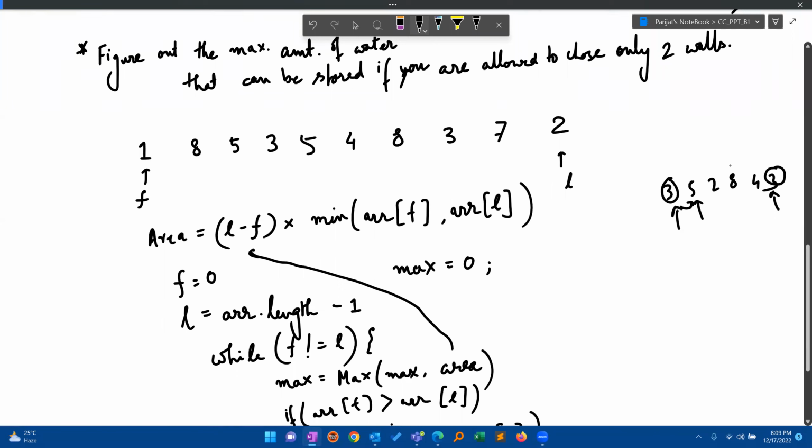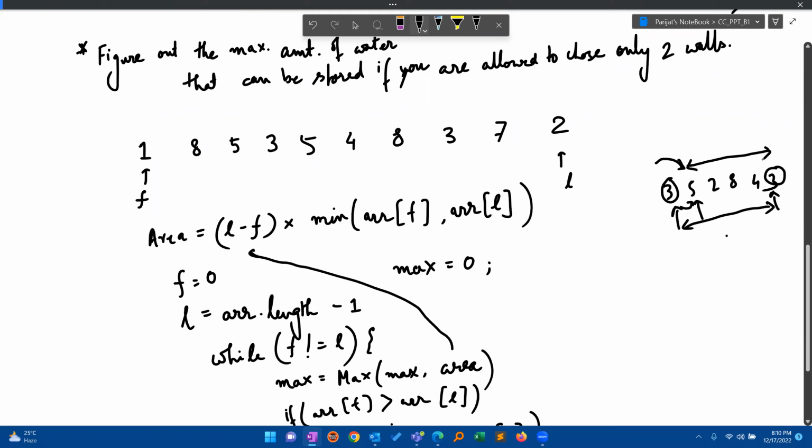So earlier it was 3 into this bigger width. If you move one pointer, it will be 3 into a lesser width. So it has to give a lesser answer.